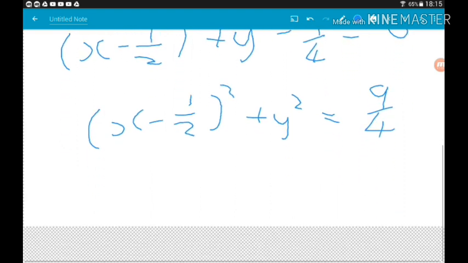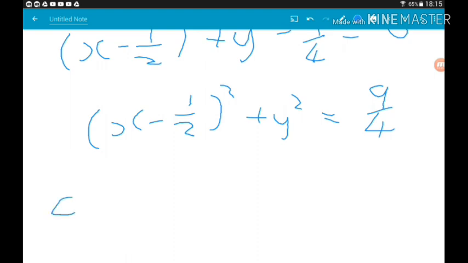So, the centre of our circle has coordinates positive 1/2 as the x coordinate, 0 as our y coordinate. You can think of y squared as being y plus 0 squared if you like. So that's where the 0 comes from. So that's the centre, and our radius is the square root of 9 quarters, which is 3/2.